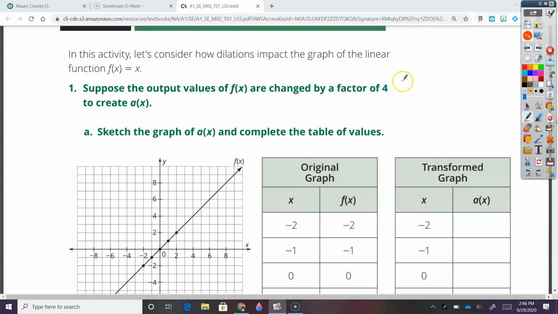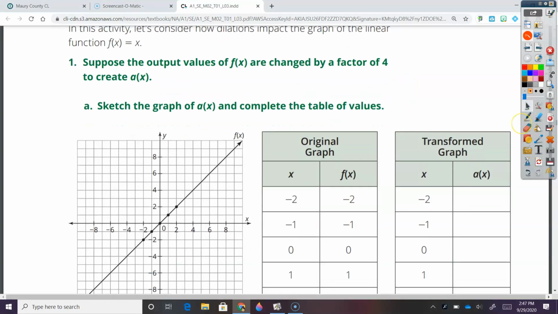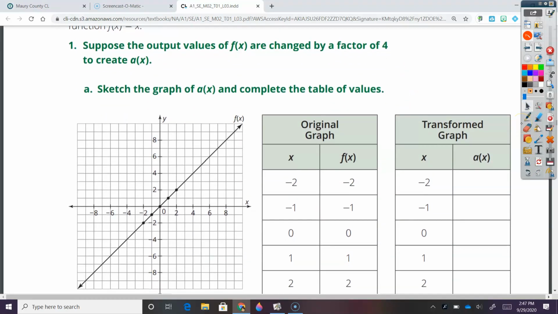So here, we're going to multiply by 4 for our a of x. So if I multiply this by 4, that gives me -8. Multiply this by 4, that gives me -4. That's going to stay 0. Then 4, and that gives me 8.